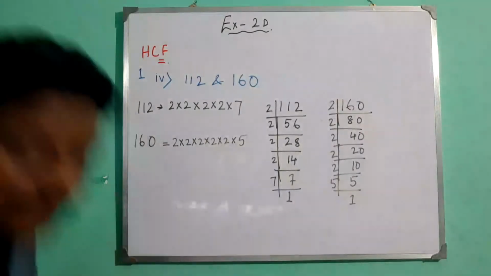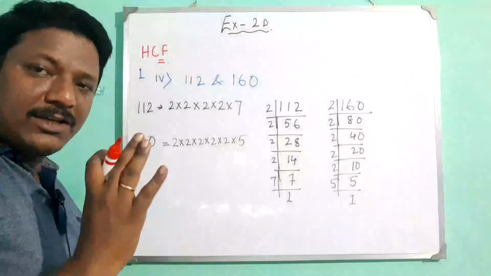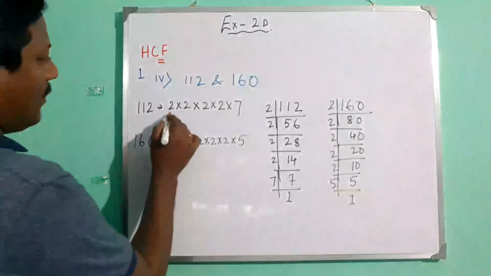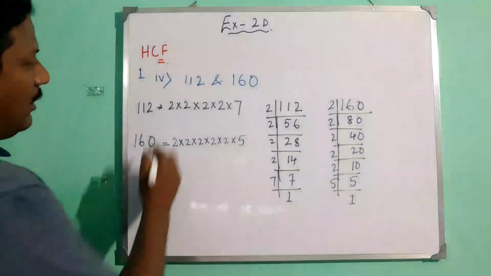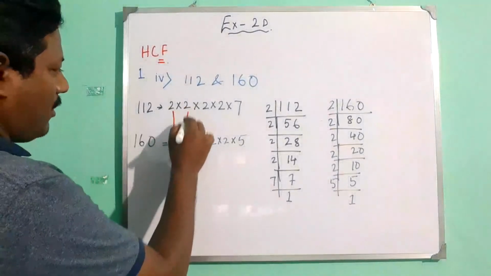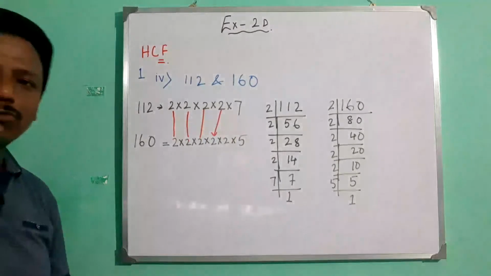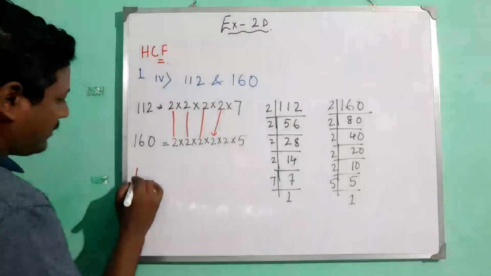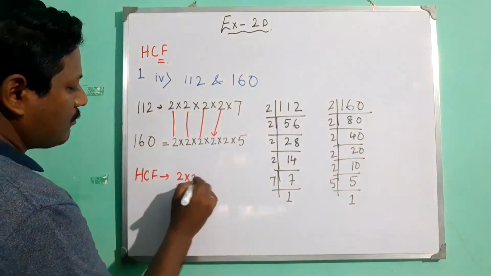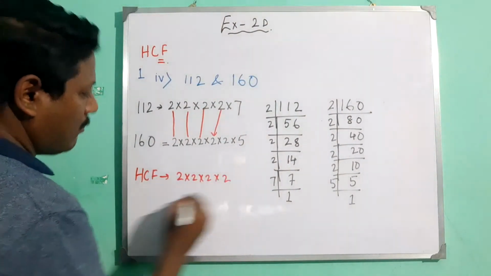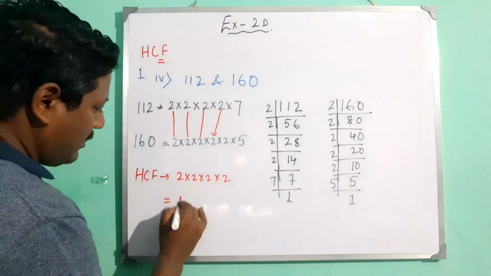All right, so let us see which number is highest and which number is common. So we can see the common highest factor is 2. So let us see how many 2's are common. The 4 2's are common. So HCF will be 2 into 2 into 2 into 2, which will be 2 2's are 4, 4 2's are 8, 8 2's are 16.